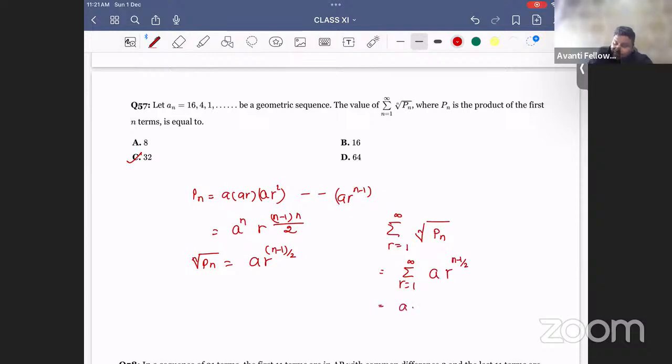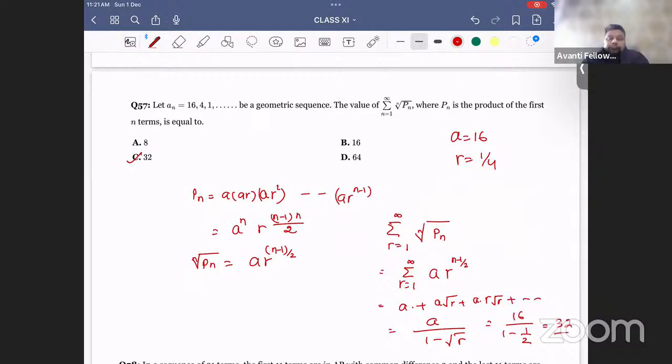So this is A plus A under root R plus, if I replace 3, A R under root R plus and so on. So sum of the infinite GP is going to be A upon 1 minus root R. Now given to you, A is 16, R is 1 by 4. So this value is going to be 16 upon 1 minus 1 by 2. Answer is going to be 32. Am I clear? Is it fine, everybody?